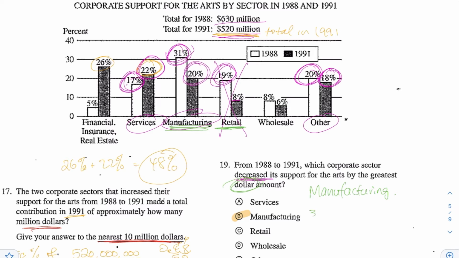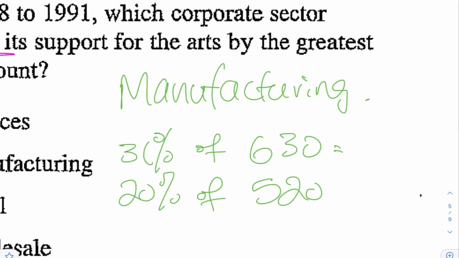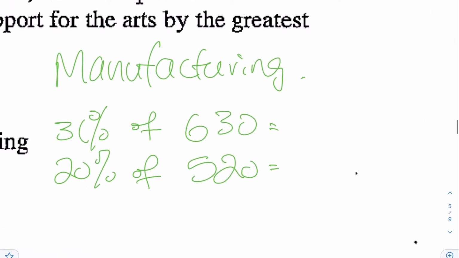So you want to compare 31% of the 1988, which is 630 million, versus 1991, you have 20% of 520 million. So both of these numbers will be a little different. You can do some estimation here because 31% is about 30. So that's going to be 3/10 of 630, which is 0 cancels out.